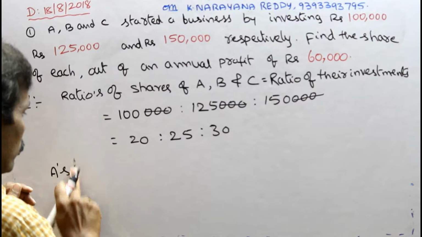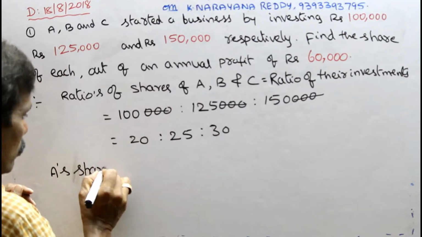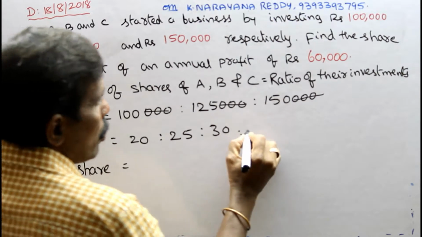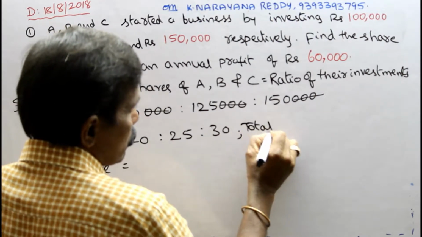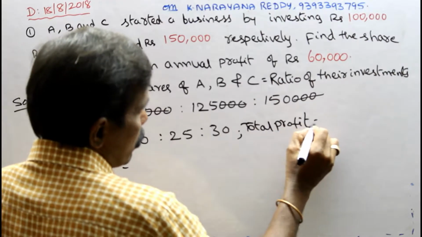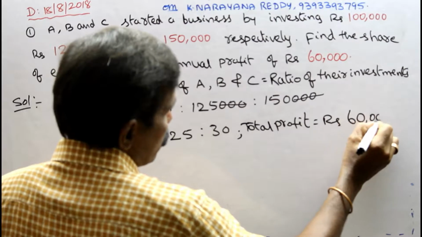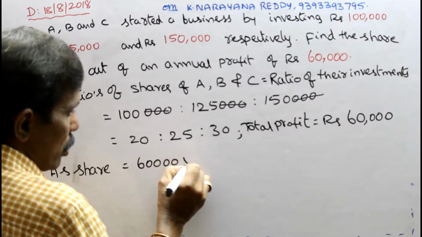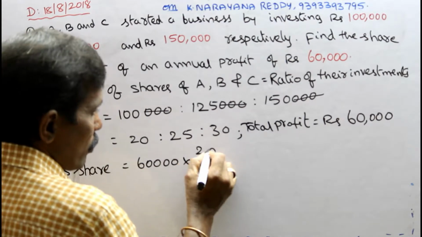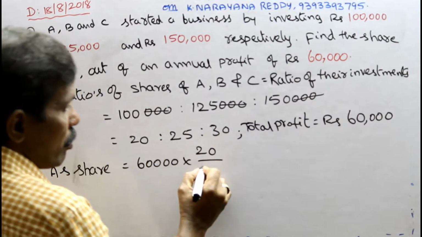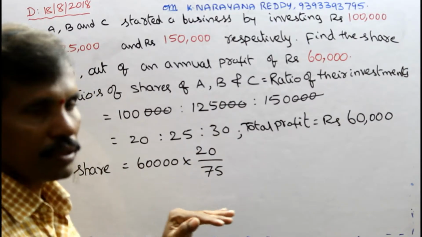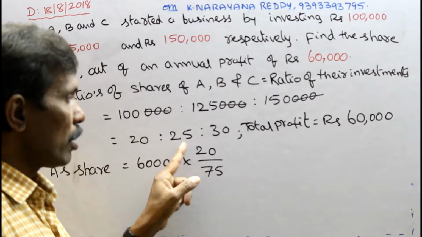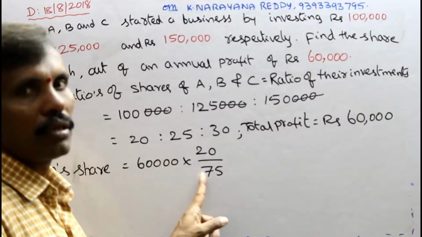A's share equals the total profit of Rs 60,000 into A's share 20 divided by the total shares 75.